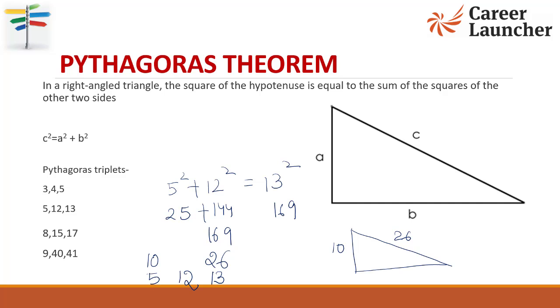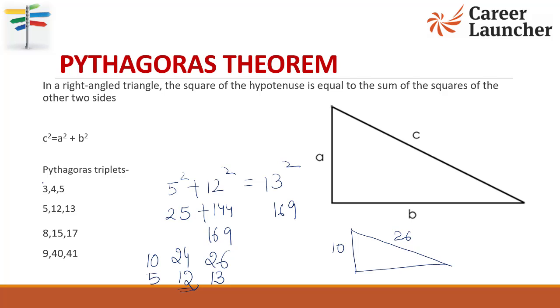Now 5 into 2 is 10 and 13 into 2 is 26, so the third side which is not given to me would be 12 into 2, which is 24. And that's how remembering the triplets can reduce our calculation time.